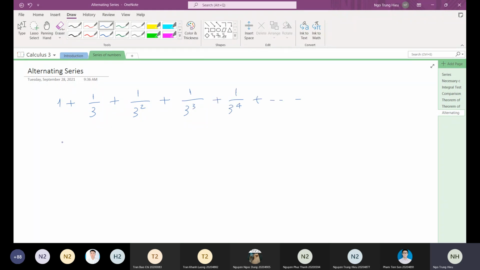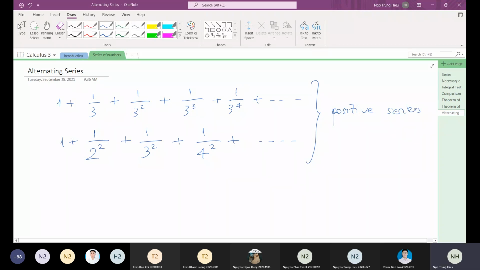Right? Or we have 1 over 2 squared, 1 over 3 squared, 1 over 4 squared, and so on. So here all the terms are positive, so we have a positive series, right?